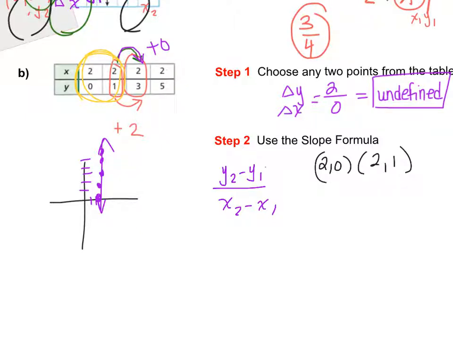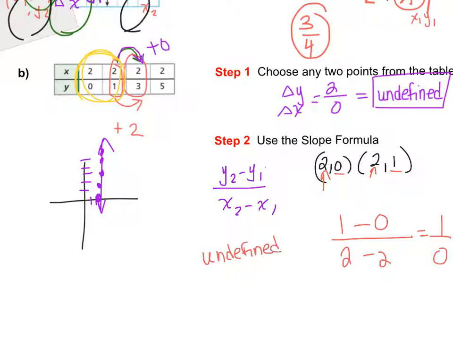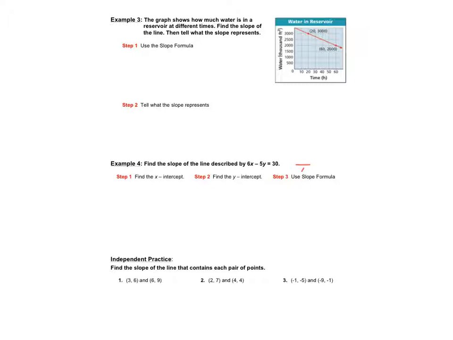And y2 is 1 minus y1 is 0 divided by x2 minus x1, and you would have gotten 1 over 0, which is also undefined. So if you recognize by looking at the table of values that the domains are repeating, then you know that it is undefined.